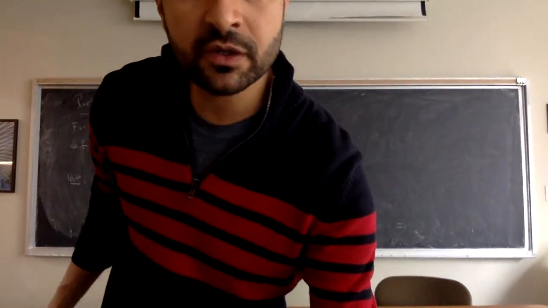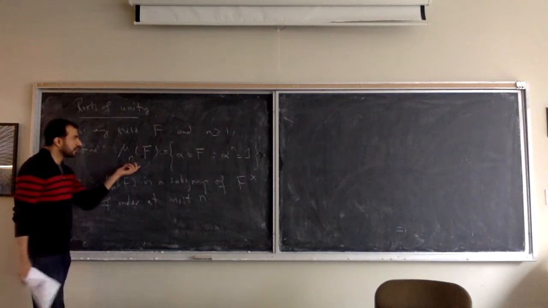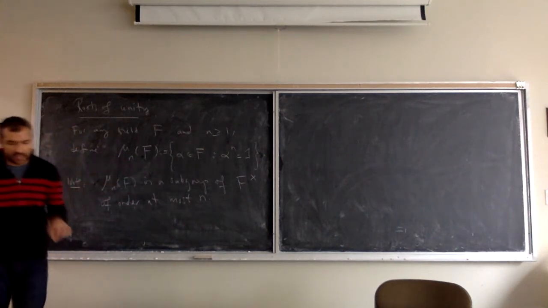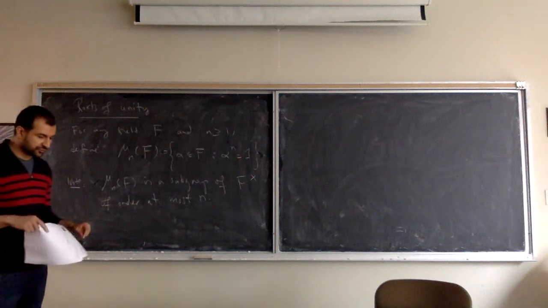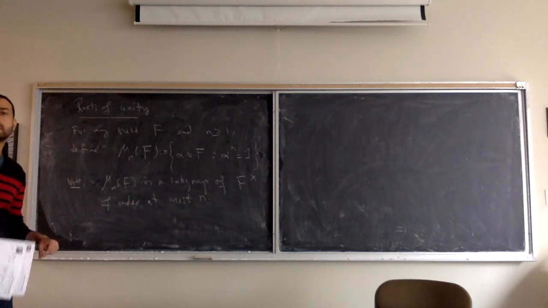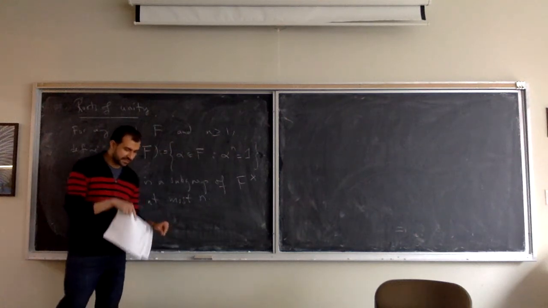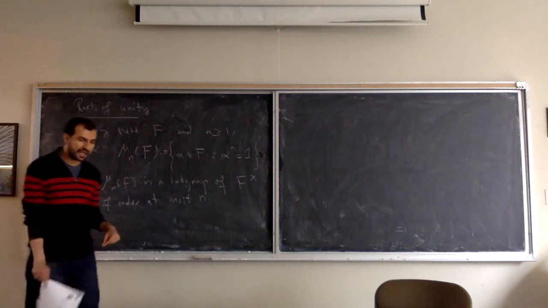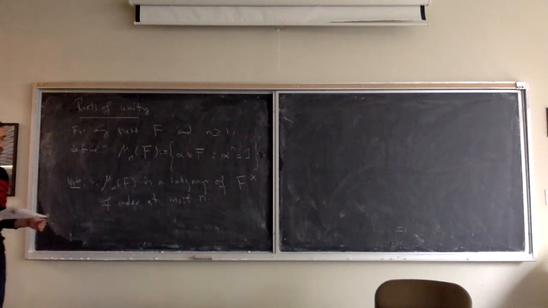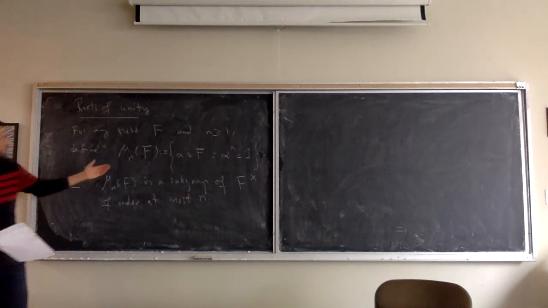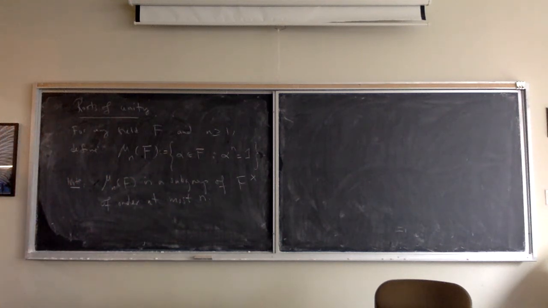A quicker way of seeing it would be to observe that mu n of F is the kernel of the map from F star to F star which raises every element to the power of n. That map, which sends any alpha to alpha to the power of n, is a group homomorphism, because F star is abelian, and its kernel is by definition mu n of F, and hence it's a subgroup of F star.